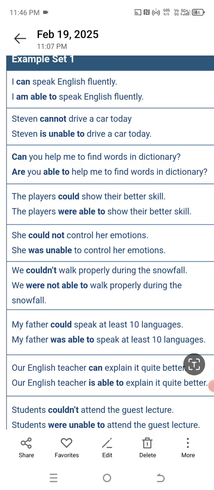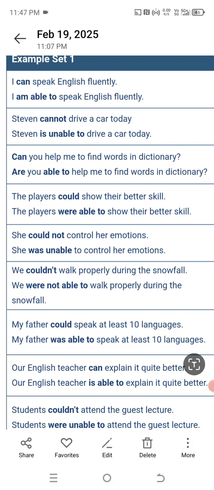So here my father is a singular one, that's why we have to use the singular form of the to be's past form. So was is a singular one, so my father was, and then we have to write able to, and then the remaining part of the sentence as it is, meaning the answer of this sentence is my father was able to speak at least 10 languages.